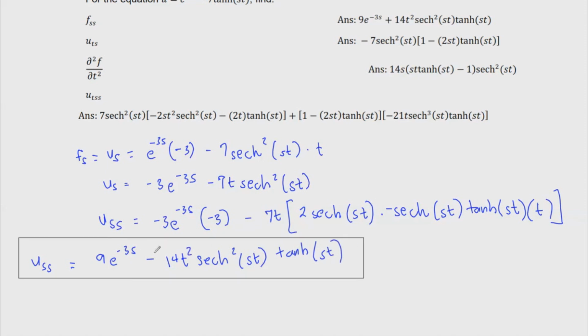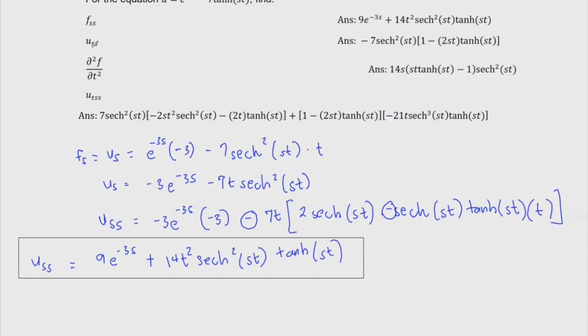I also have to make this positive because we have a negative, and we also have a negative here. Okay, so that's positive. So this tallies with the answer: 9 e raised to negative 3s, and then plus 14t squared, sech squared st, then tanh st.